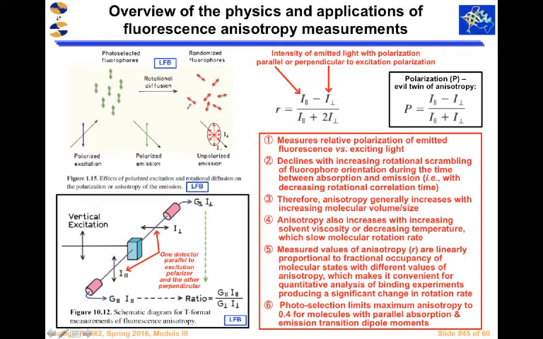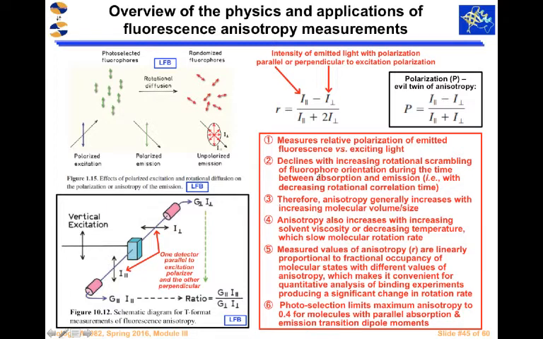Rotational correlation time is basically the time constant for loss of orientation or scrambling of orientation. We'll see that the rotational correlation time is the time it takes for the net orientation to go down to a value of 1 over e of its initial orientation.